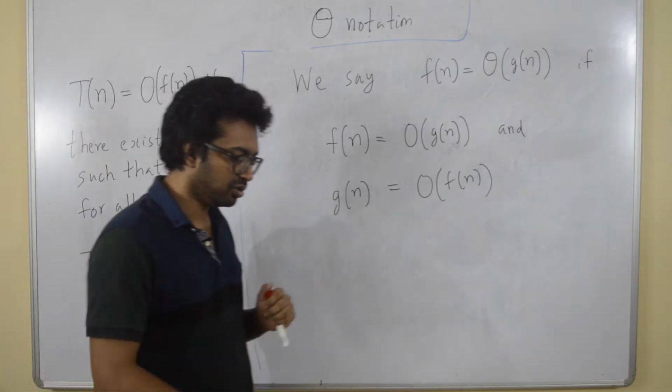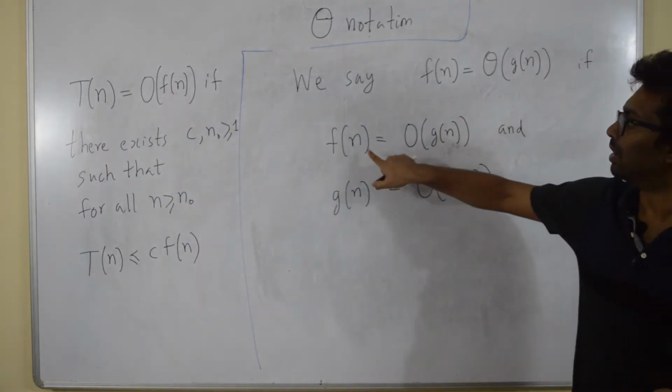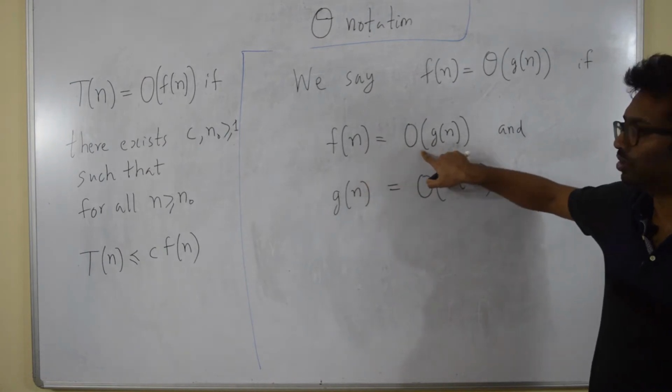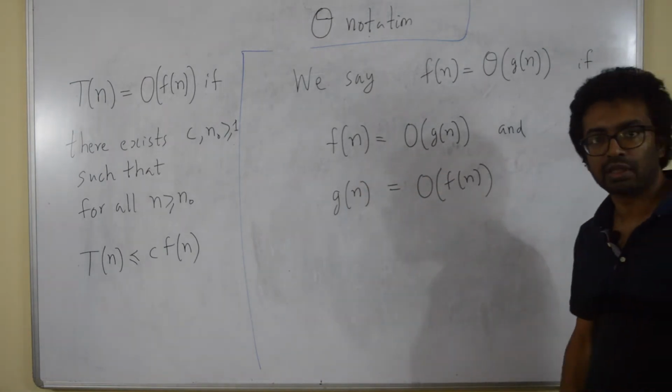You see, it's both sides. I'm talking about both sides. F of n is equal to big O of g of n and g of n is equal to big O of f of n, right?